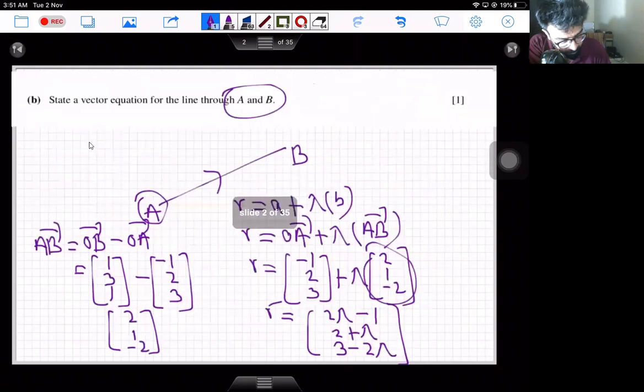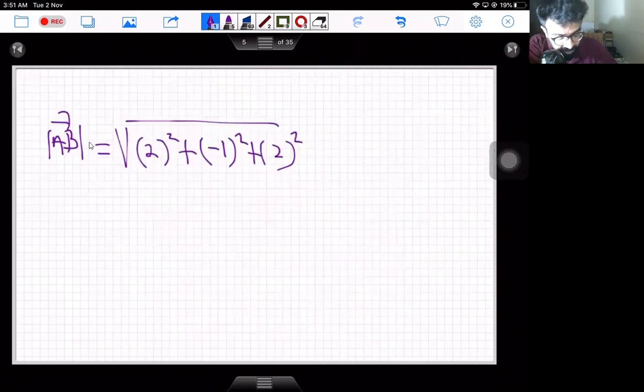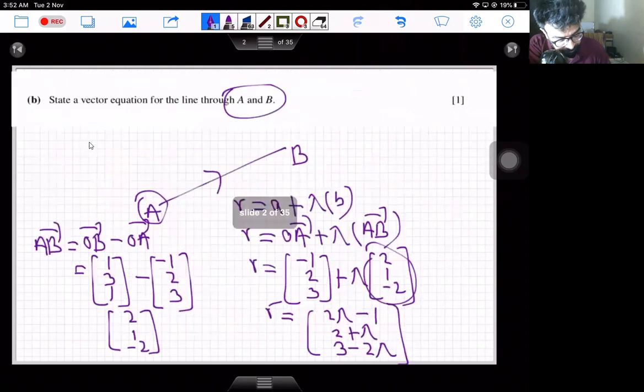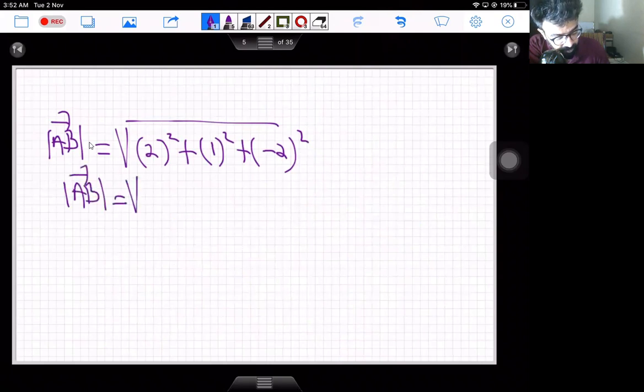Sorry, (2, 1 and minus 2). So you write it properly this way: 2 squared plus 1 squared plus (minus 2) squared. The magnitude will be the same. All right. And then we can find out the magnitude of AB. Which is 4 plus 1 plus 4. Again, this is square root of 9, which is 3 units.